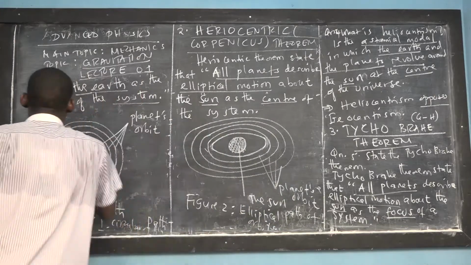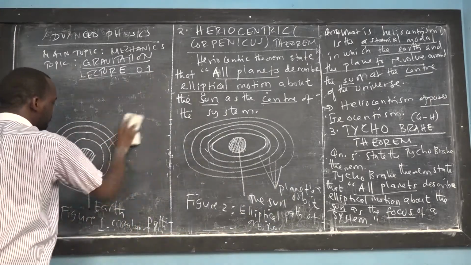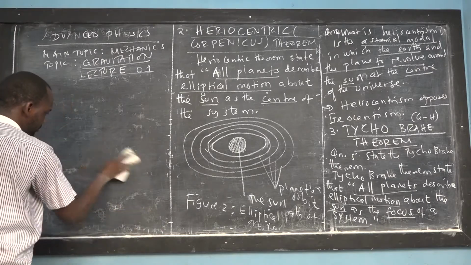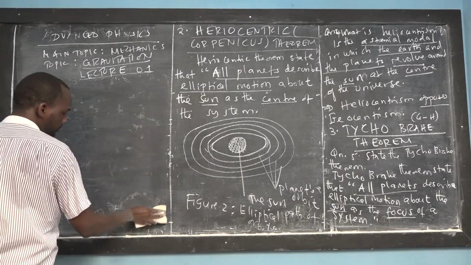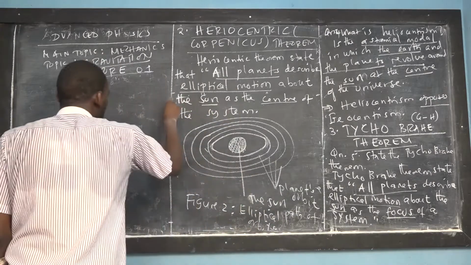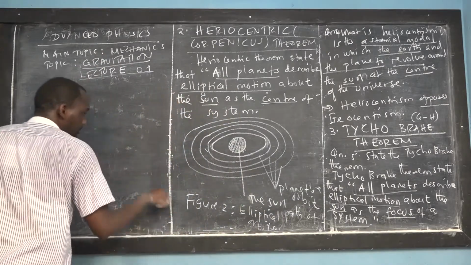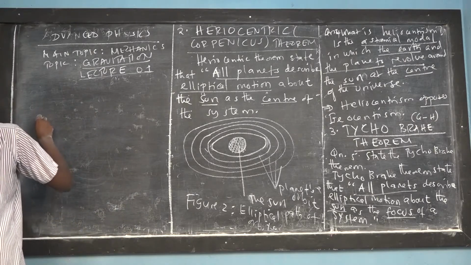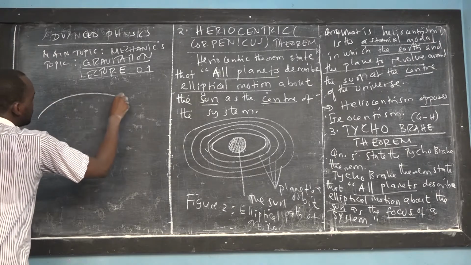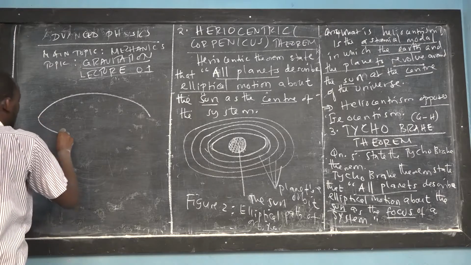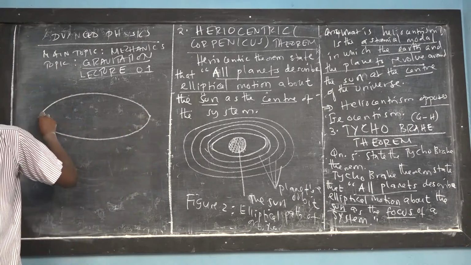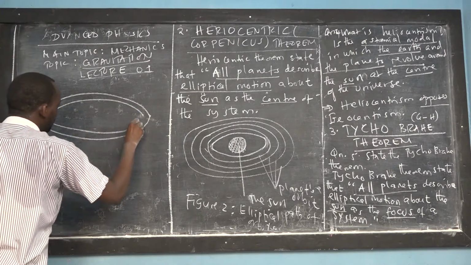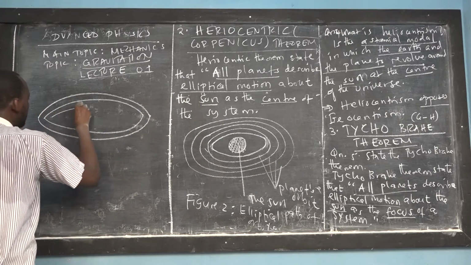So let me just draw the figure. This is the Brahe figure. Suppose that it's an elliptical motion or elliptical path like this. Then you have another orbit.